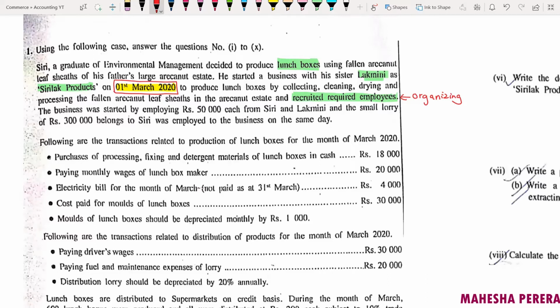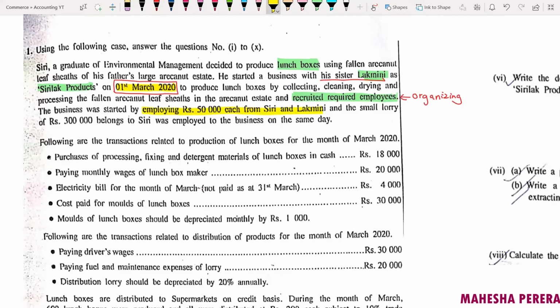And he has started this business with his sister Lakmini. Seems like this is a partnership then. Let's read further. It says the business was started by employing 50,000 each from Siri and Lakmini. Now it is obvious that Lakmini is one of the owners of this business.